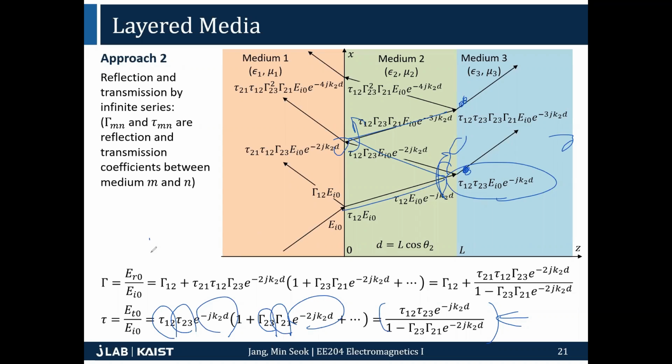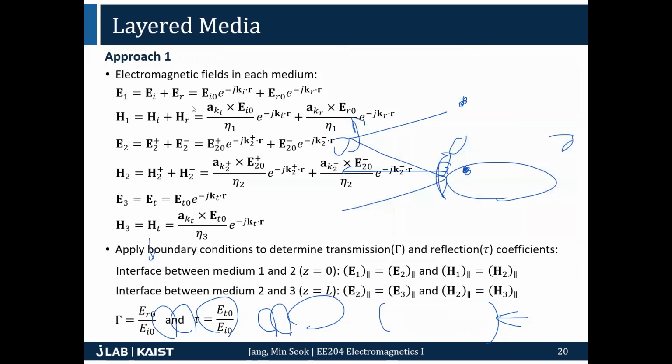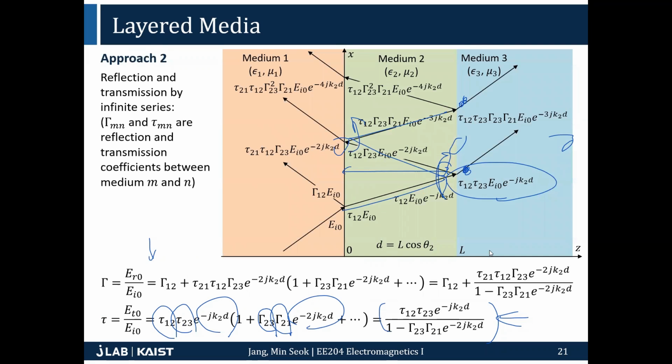So this approach is good and intuitive for a single layer medium, when you have just 2 boundaries. But as the number of boundaries increases, this approach becomes increasingly more difficult. And you end up better doing something like this. Okay, and then of course there are ways to generalize things. So like you can make a matrix for each.